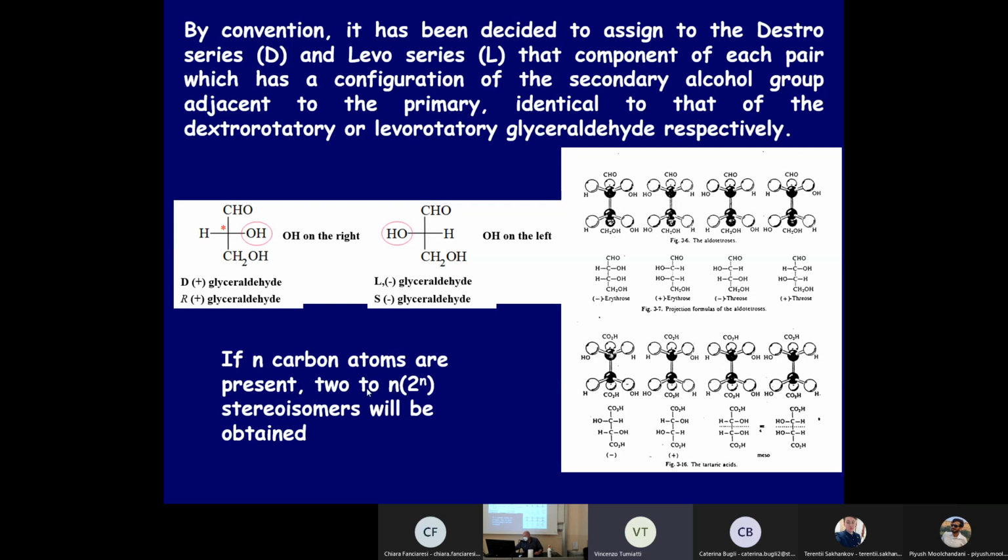There is also another important rule: the number of asymmetric carbon atoms present in a single molecule. This rule says that the number of stereoisomers is 2 to the n, where n is the number of asymmetric carbon atoms.